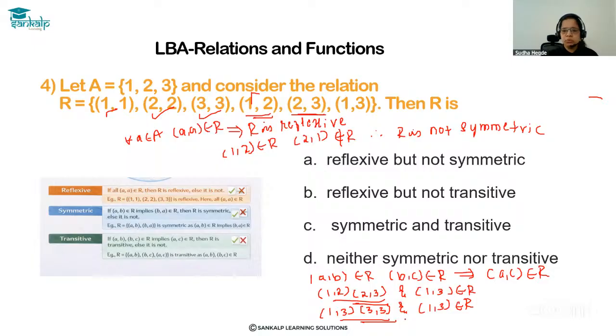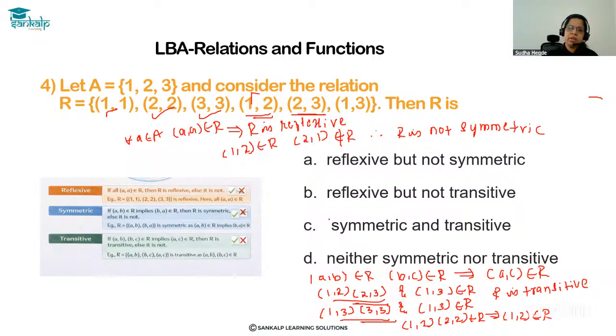Next, (1, 2), (2, 2) belongs to R implies (1, 2) also belongs to R. Any other possibility? (2, 3), (3, 3), so (2, 3) again belongs to R. Therefore, R is transitive. So R is reflexive, R is not symmetric, and R is transitive.